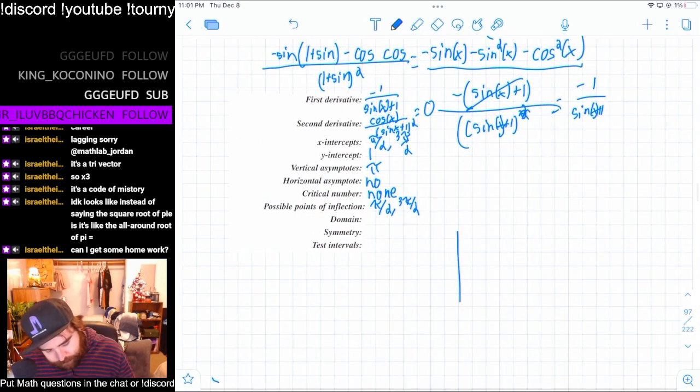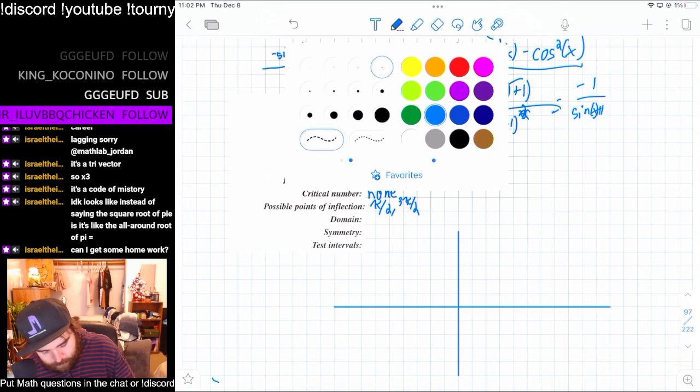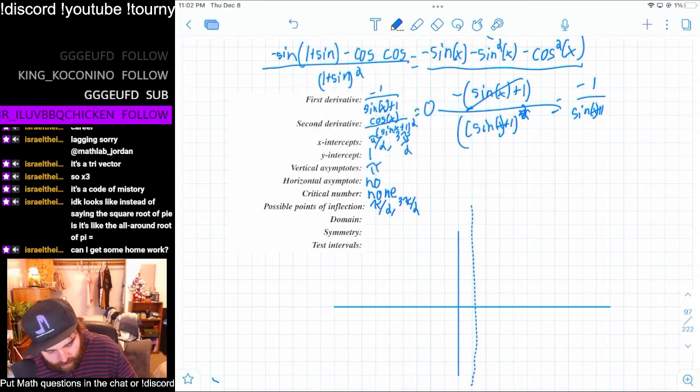Interesting. So we've got vertical asymptotes at odd pi's. So pi, 3 pi. I'm going to line it up here. Pi, 3 pi.